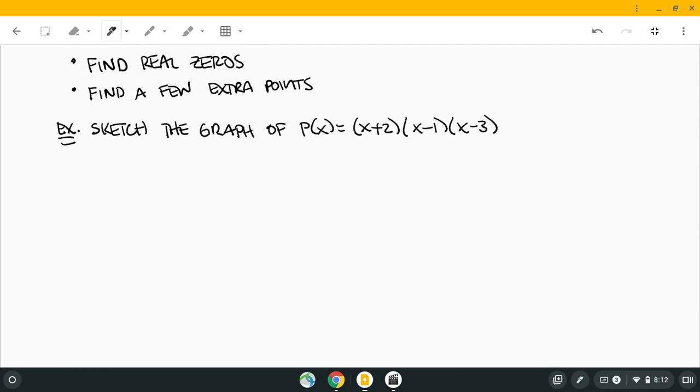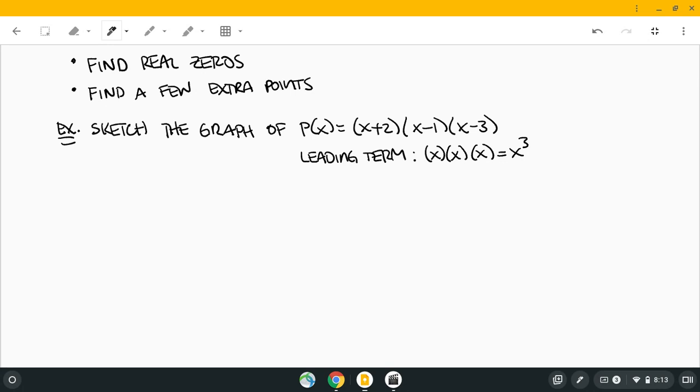All right, so let's get the leading term. I just need to multiply this leading term with this leading term with this leading term. So that's going to be x times x times x, which is x cubed.